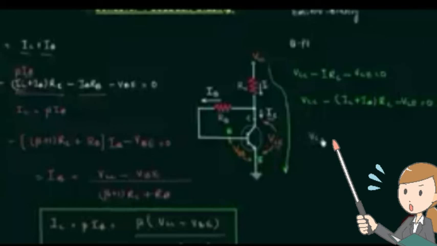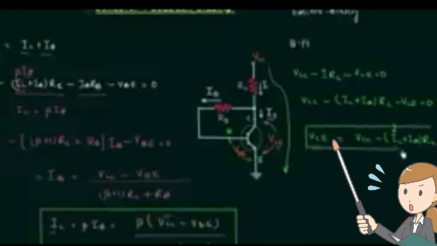From this equation we can easily calculate the voltage VCE. It is equal to VCC minus (IC plus IB) multiplied with RC. We have already evaluated the expression for IC. By putting in all the values we can write current IC, and once we have current IC, we will put it in this expression, and finally we can have VCE. So this is the final expression for the voltage VCE.